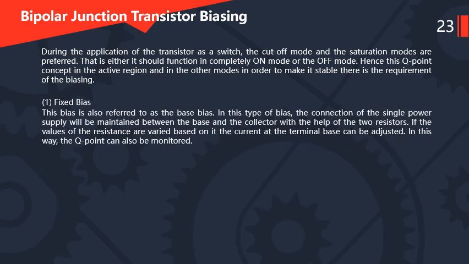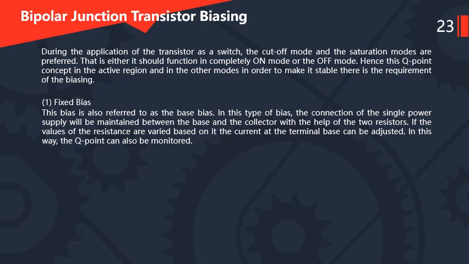So biasing number one is fixed bias. This bias is also referred to as the base bias. In this type of bias, the connection of a single power supply will be maintained between the base and the collector with the help of two resistors.